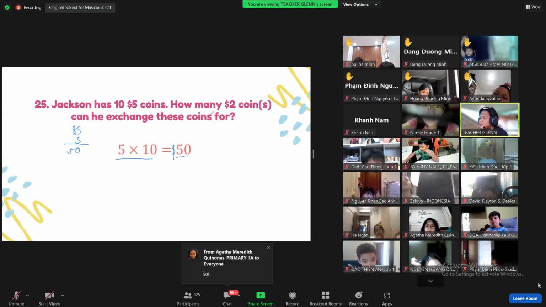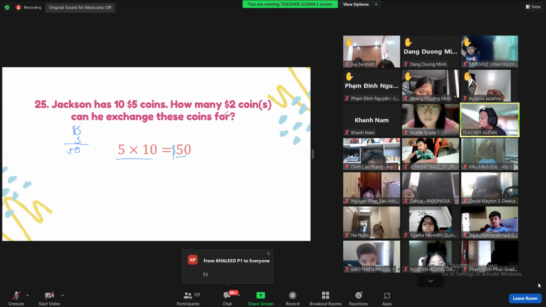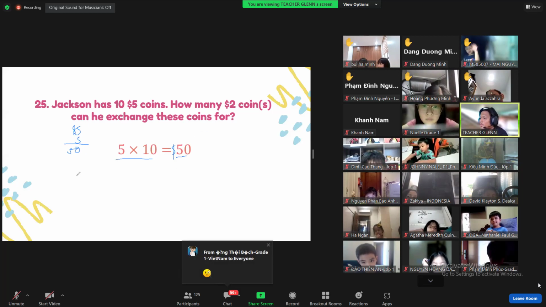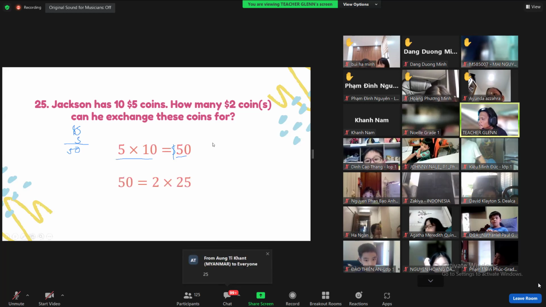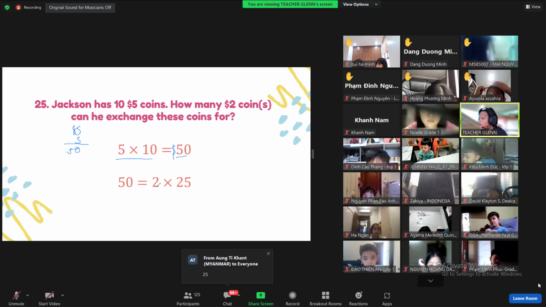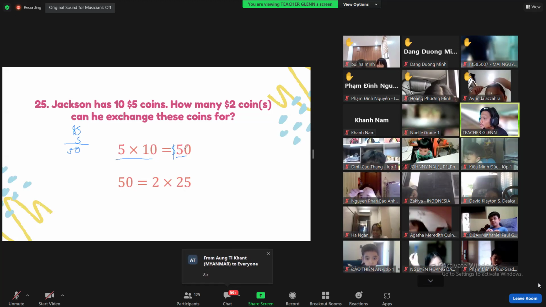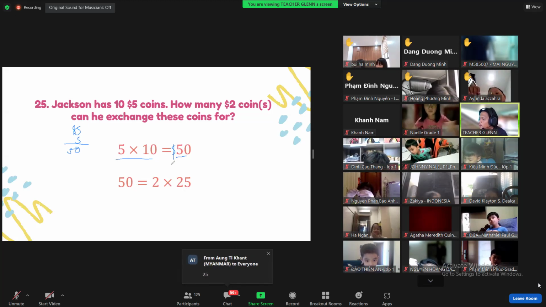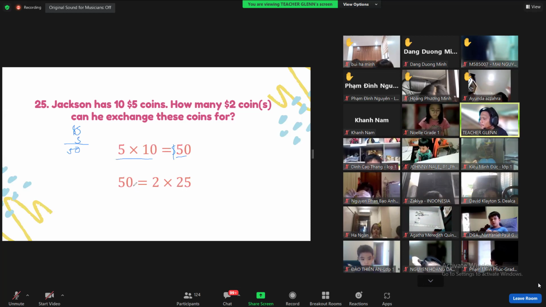So the next thing we have to do is we need to exchange this with $2 coins. So we're going to divide 50 by 2. So 50 divided by 2 is 25. Also, one way that we can solve this is we're going to find a number that if we multiply by 2, we will get a result of 50.